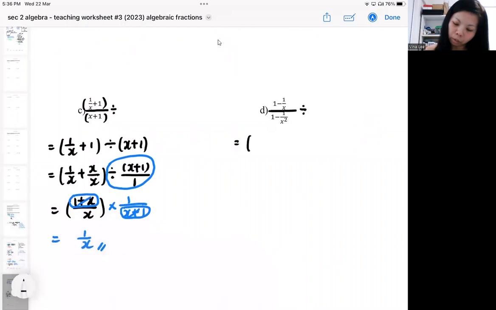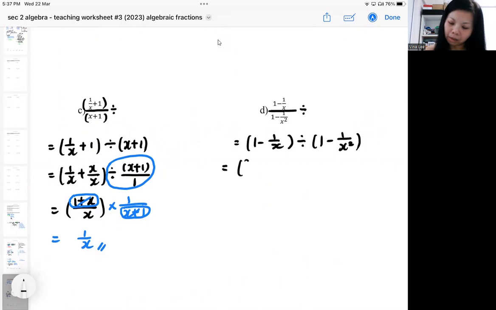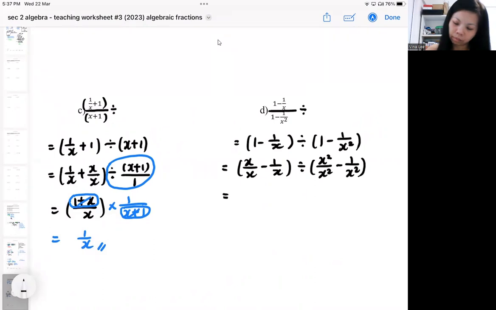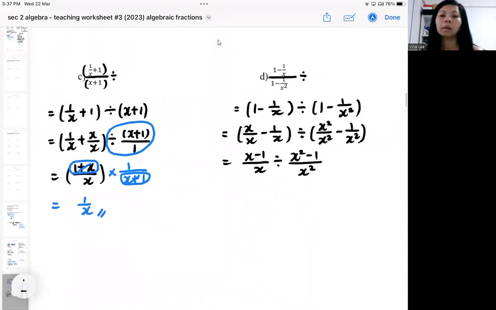You think about numerator divide by denominator, and in the first bracket, make same denominator, because the same denominator can give you one single fraction. One single fraction divided by one single fraction.